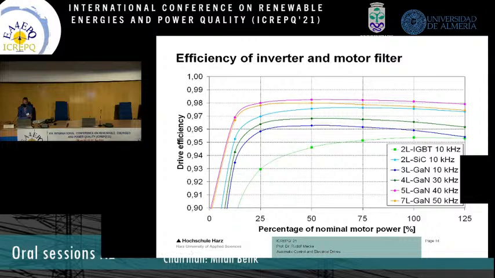And the 5-level inverter with 40 kilohertz switching frequency achieves an efficiency of more than 98%. This is an improvement of 2.7% compared to the state of the art.